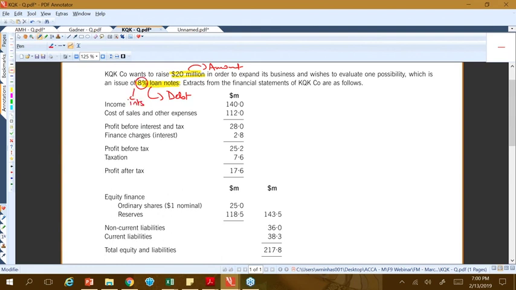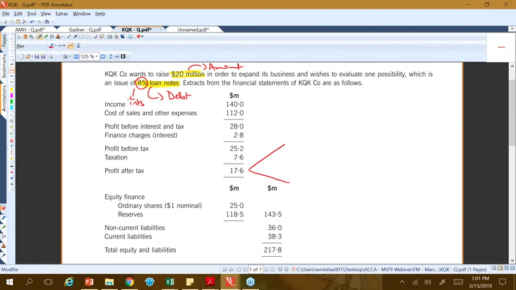Extracts from the financial statements of KQK are as follows. So we have their income, cost of sales, profit before interest and tax, interest, tax, and profit after tax. Can you tell me in the question box with a comment that the profit after tax is split into two parts? What are those two parts?